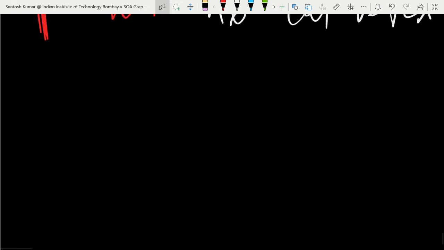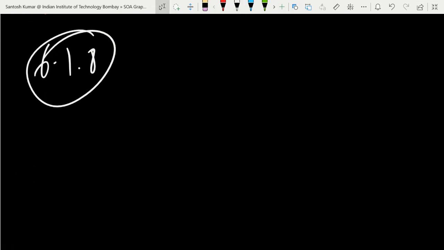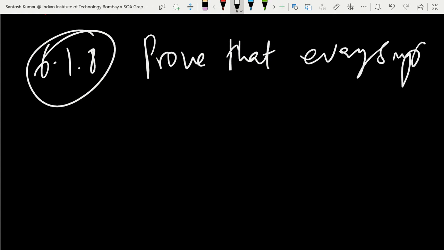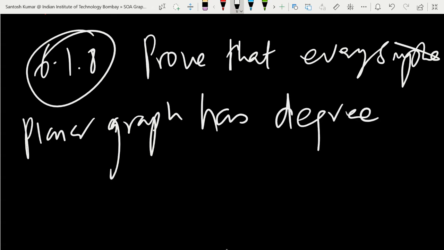Okay, so the next question is 6.1.8, and the question is: prove that every simple planar graph has a vertex of degree at most 5.